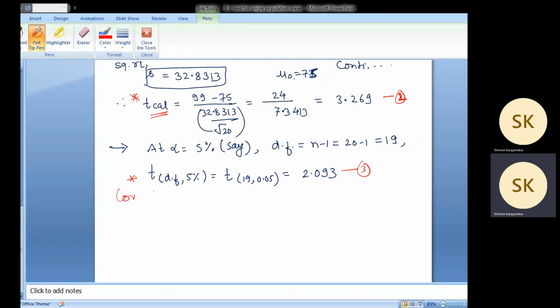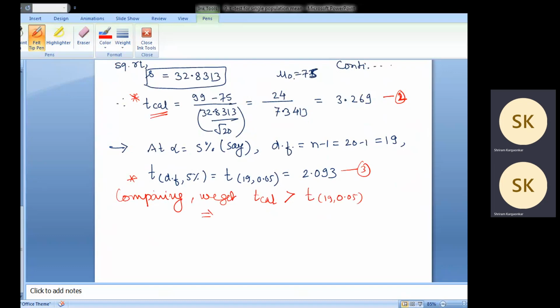Comparing, we observe that the calculated value is far greater than the critical value. So when the calculated value is greater than the table value, we reject H0, the null hypothesis. When we reject the null hypothesis, it means we are accepting H1, the alternative hypothesis.